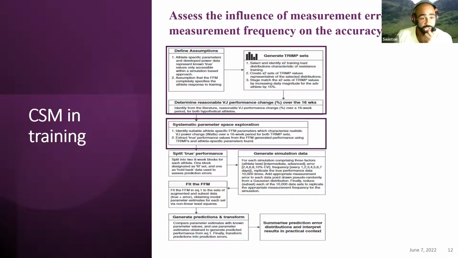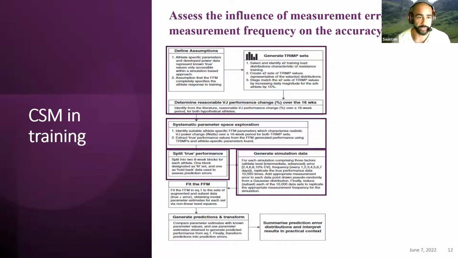We then generate performance values according to the fitness fatigue model and the selected parameters. We then split the performance values into a model building block and a model prediction block, assuming that these values are true. Just as in the real world, measurement error is then added on top.